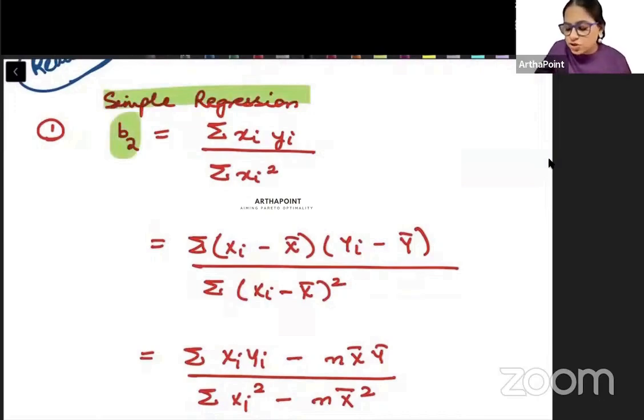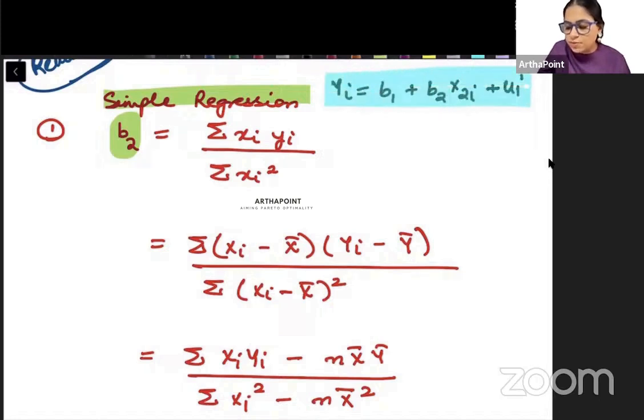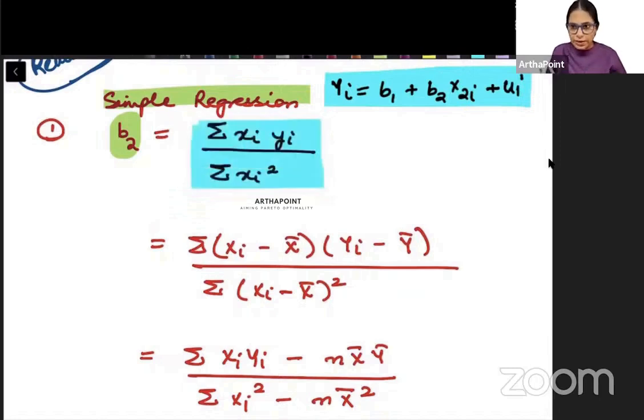So when your regression model is yi is equal to b1 plus b2 x2i plus ui, when this is your regression model, then in that case, the formula of B2 is summation xi yi by summation xi square.